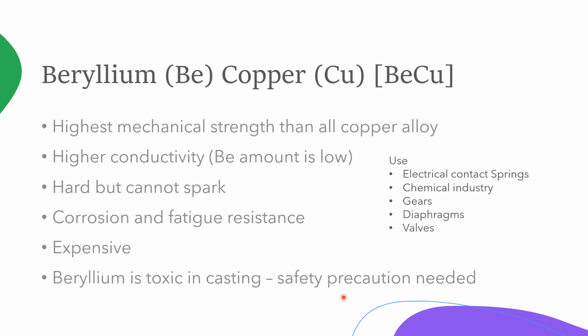So definitely follow all safety precautions and procedures before casting beryllium copper. Okay, and some common people outside, without knowing it, usually get into this issue. So what are we using? We're using electrical contact springs, chemical industry, gears, diaphragms, and valves. Okay.